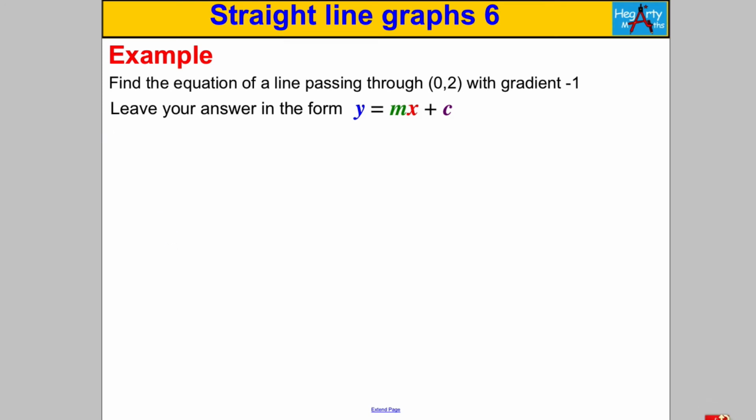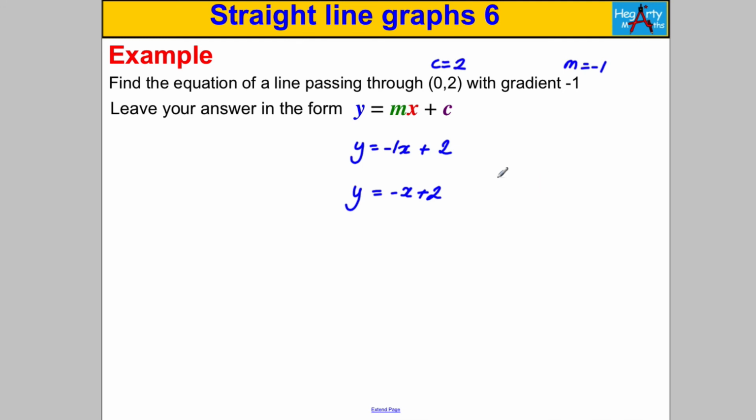Next one, pause, have a go. Because it goes through 0, 2, then 0, 2 is the y-intercept, so c must be 2, and the gradient m is negative 1. Y therefore is negative 1 lot of x add 2, but when we write it, we're going to just drop the negative 1.